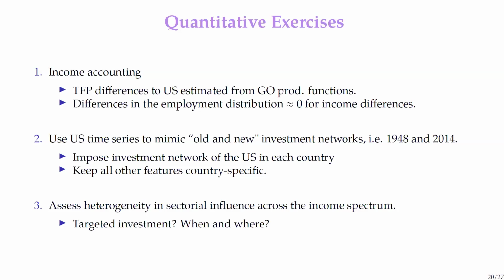And third, and last, we're going to try to assess the heterogeneity in the sectoral influence of sectors along the development spectrum, and try to provide first, preliminary answers to the discussion that motivated the paper on what is the best investment strategy to boost economic development.